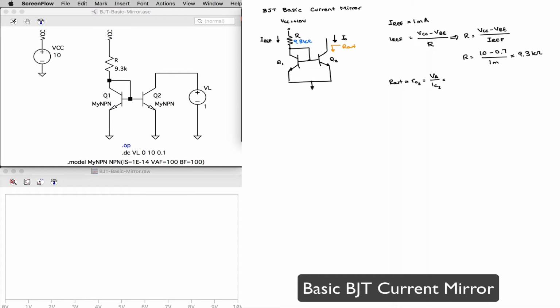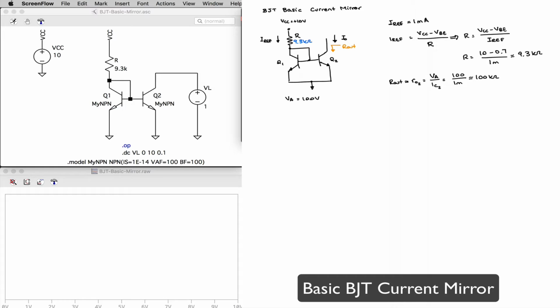If we assume an Early voltage of 100 volts, this is going to be 100 divided by 1 milli, or approximately 100 kilo ohms. So that's what I expect for my output resistance.